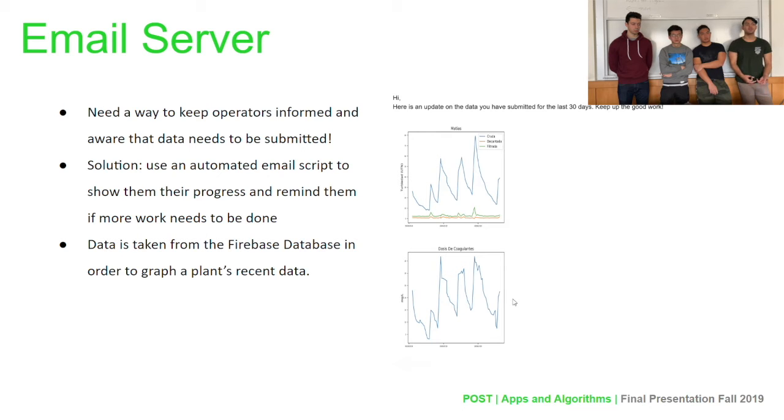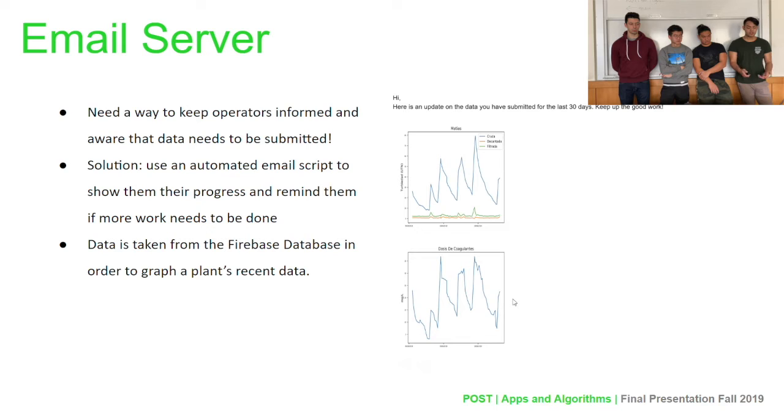So we devised a way of creating this email server script to automate notifications to them, to let them know, this is the data that you've been sending. Either tell them it's a great job, keep it up, or let them know that they've been slacking in that regard, and push them to send the data in for a data visualization system.